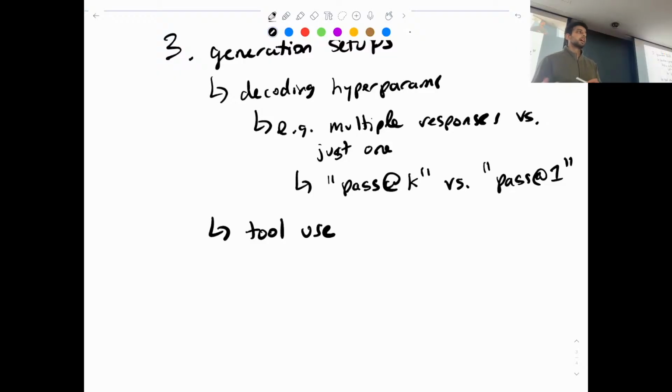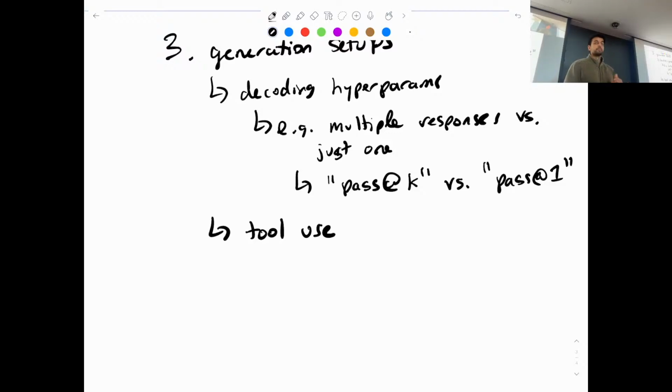Models can generate code that can be executed, that can interact with external APIs and actually take actions in the world, and they can be chained together, right? All of these actions can, depending on the result, lead to another call to the LLM to do something else, and at the very end you get some response that is shown to the user.